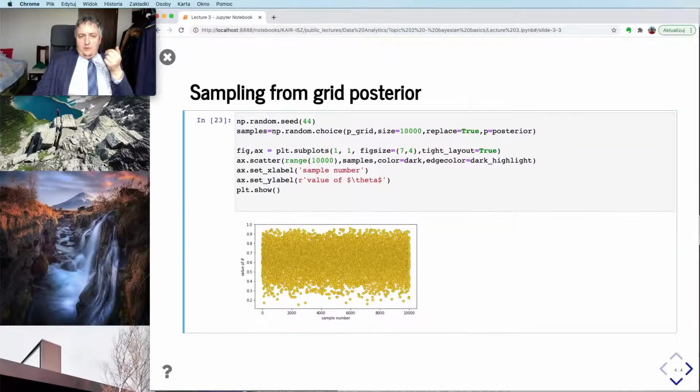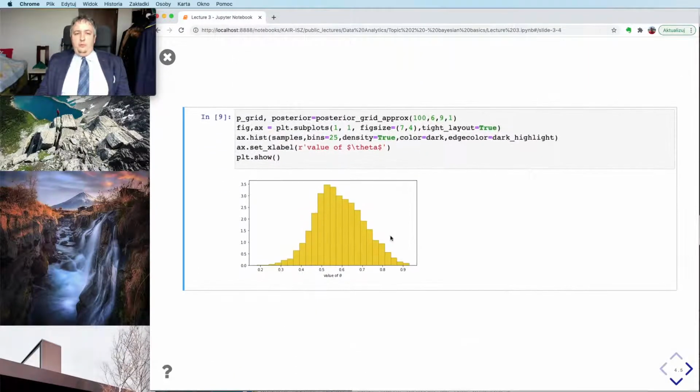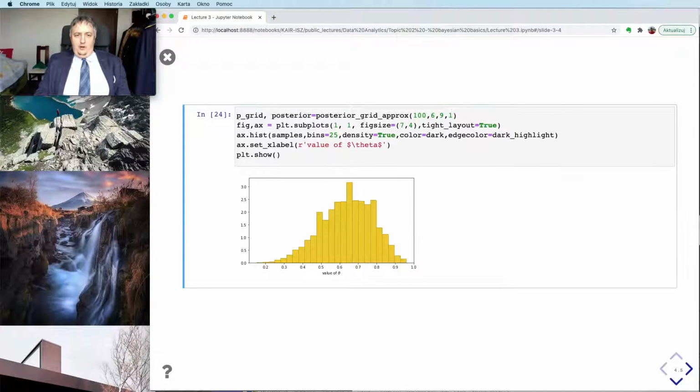So using that, we get 10,000 values of theta, and those values are randomly sampled from our distribution. They look like this, which of course is not very clear, but we can use a histogram in order to present what we have here.